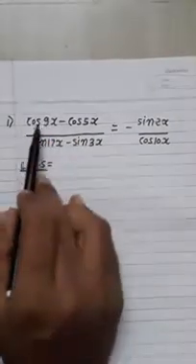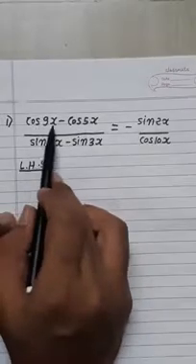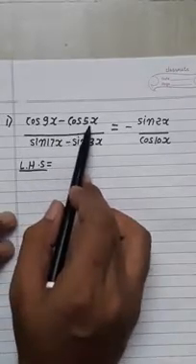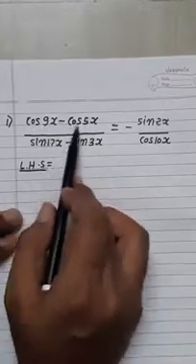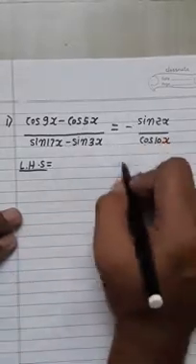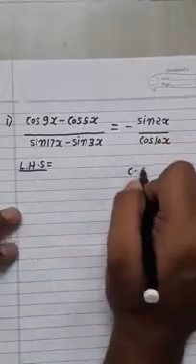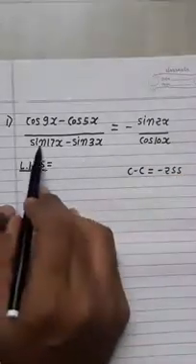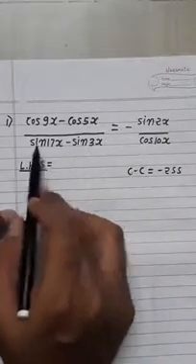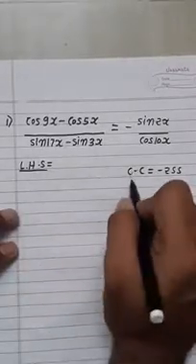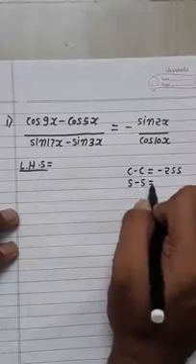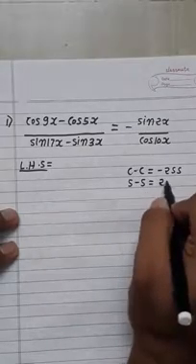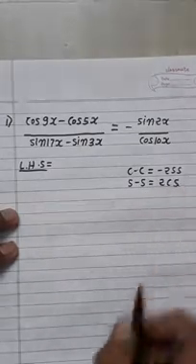Now here in the numerator term, cos 9x minus cos 5x. So first of all, apply the formula of C minus C, which is minus 2ss, and in the denominator term s minus s form is present, so apply the formula s minus s is equal to 2cs.